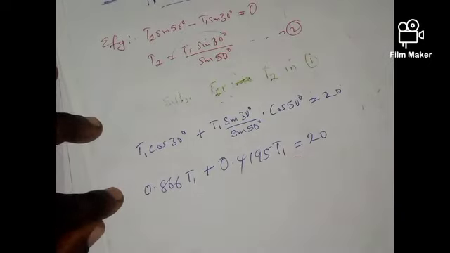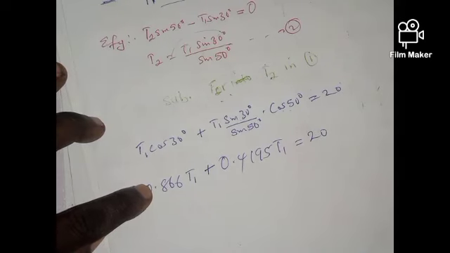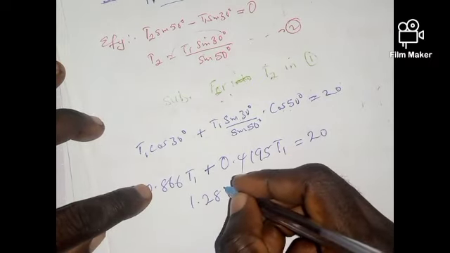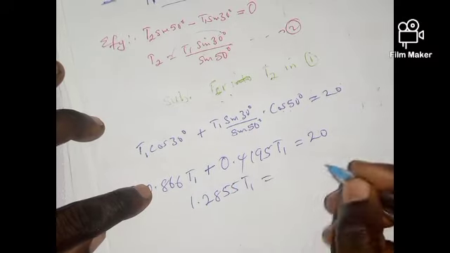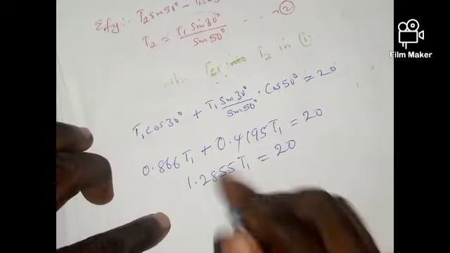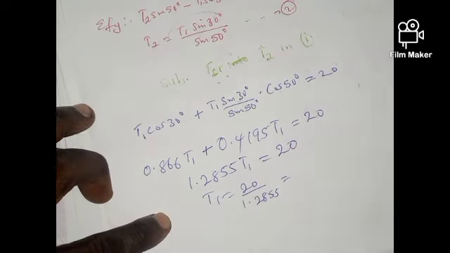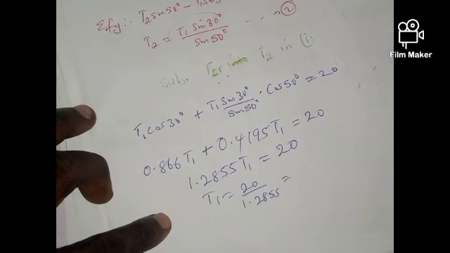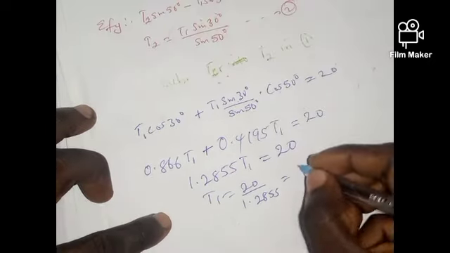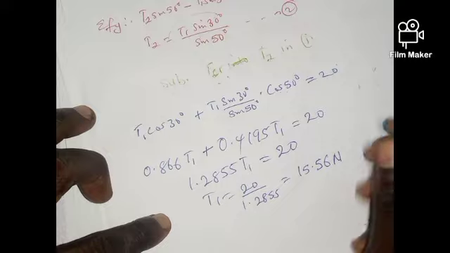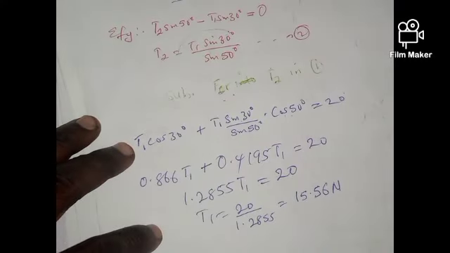So I can add this together: 0.866 plus 0.4195 gives me 1.2855 T1 equals 20. So T1 is going to be equal to 20 divided by 1.2855. That gives me 15.56 Newton. I think this is familiar to the previous result that we got.